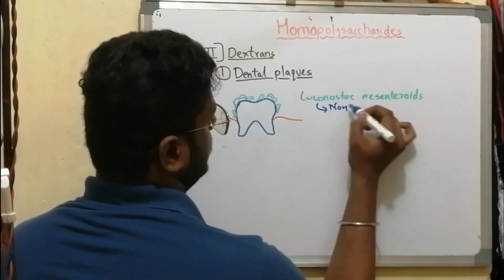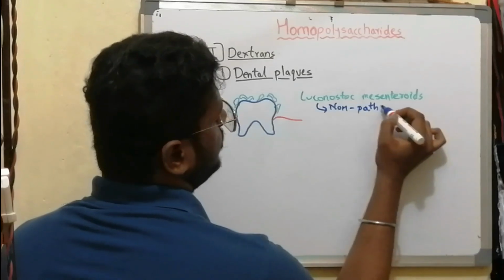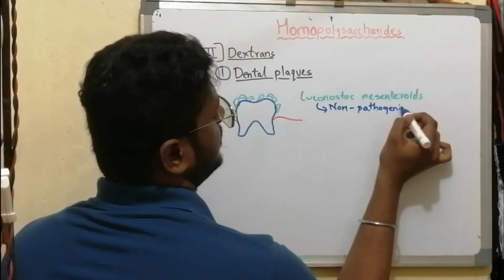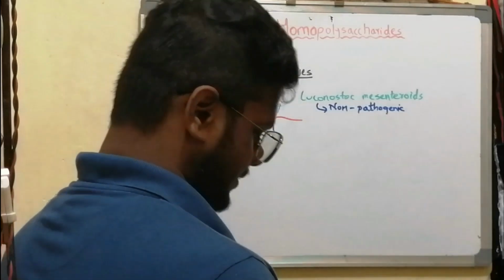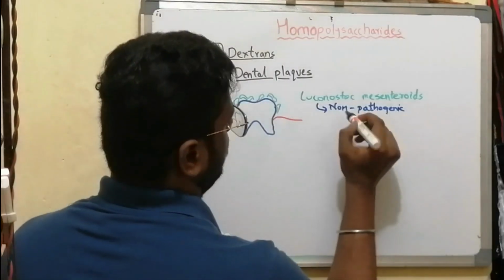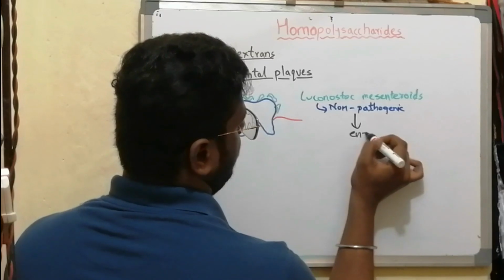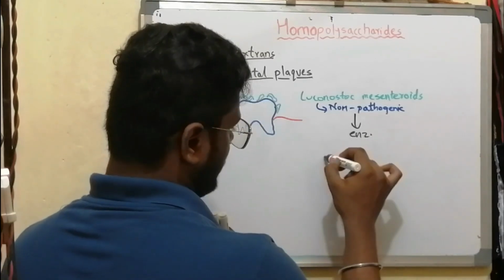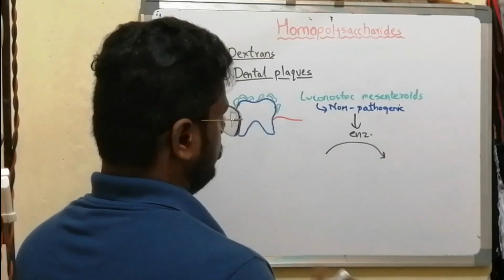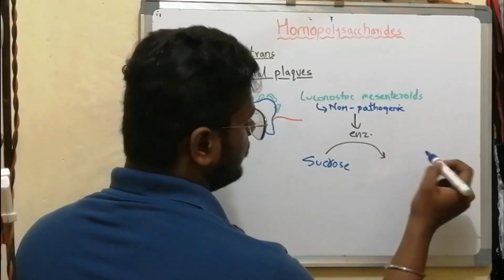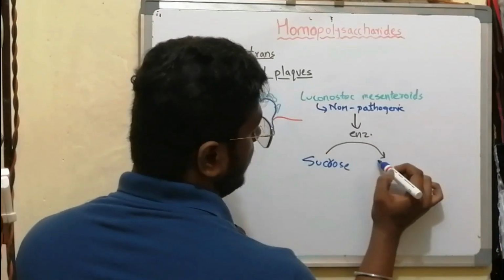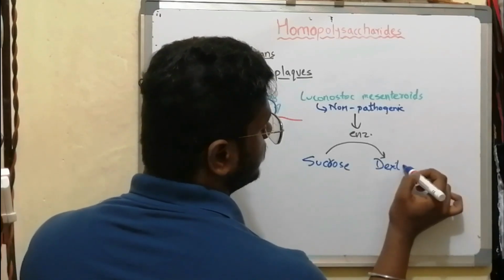They don't produce some disease as such, but what happens is that they produce enzymes which convert sucrose into some sticky substances called dextrans.